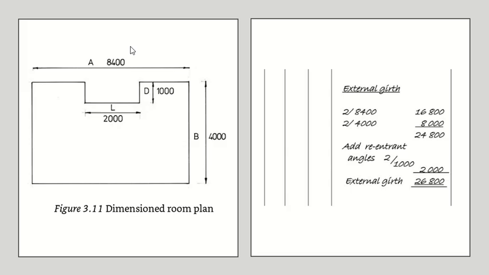We are calculating the length of external girth, right? So, first of all, we say that this looks very close to a rectangle. What is the external girth of a rectangle? 2 times this and 2 times that, right? This is what they did here. But you are missing this 1000 and this 1000, right? So I need to add them.